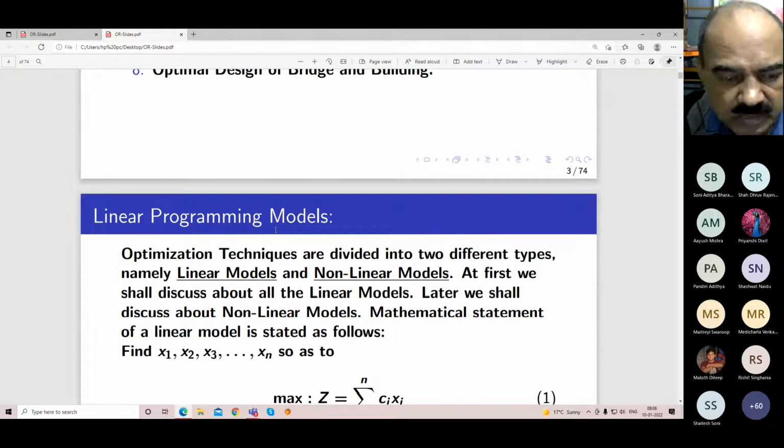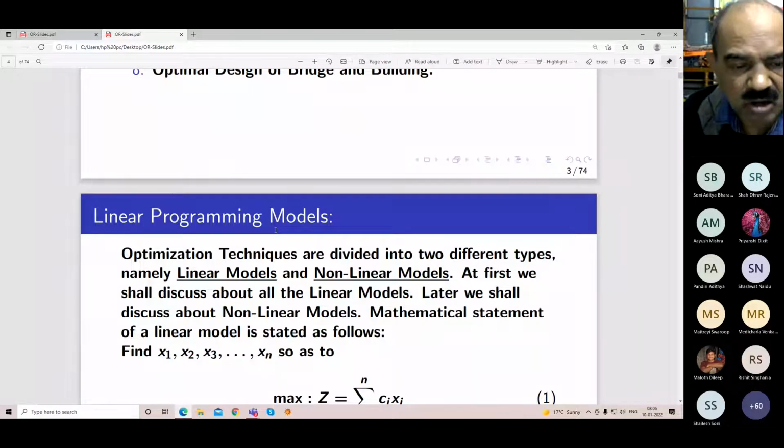Using the objective function, constraints and decision variables, we formulate the models. Sometimes the model is not linear, and we name it a non-linear model. This will be discussed in different courses. So first let us consider linear models.